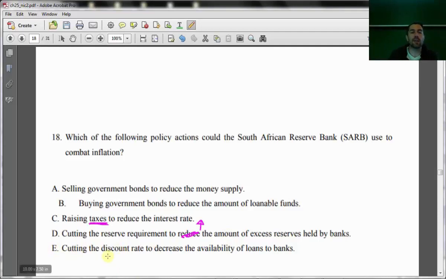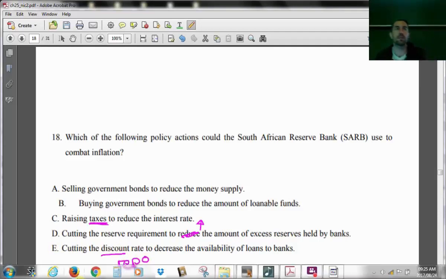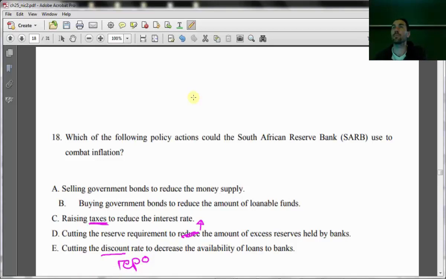What about option E? Cutting the discount rate. The discount rate is another way of saying the repo rate. So cutting the discount rate means cutting the repo rate to decrease the availability of loans to banks. Now, when you lower the repo rate, is that going to decrease the availability of loans to banks?